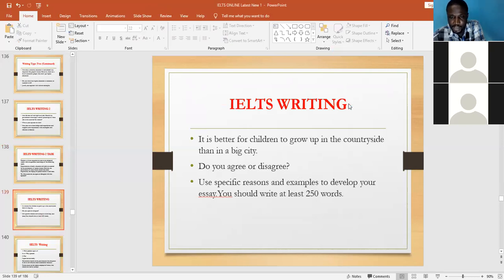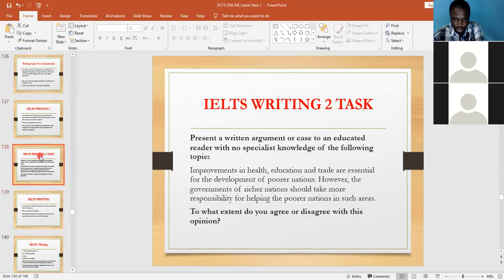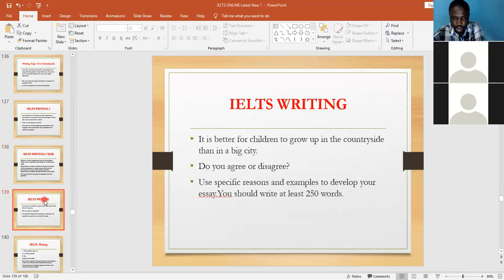So this is the question, so that you will be allowed some time to think. Based on the explanation of what I did, Mary, good evening. Please, can you identify this question type?